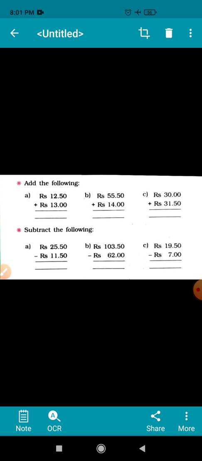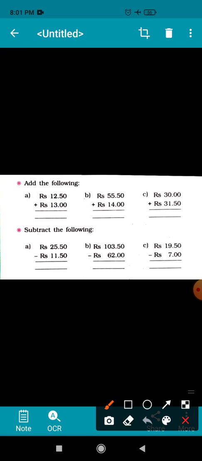I am going to explain only 2 questions from this whole page and the rest of the questions you have to do on your own. Children, here you can see rupees and paisa are separated by dots. So when you start adding or subtracting money, you will start from the extreme right side. First you will add the ones place, so 0 and 0 will come 0, 5 and 0 will be 5.